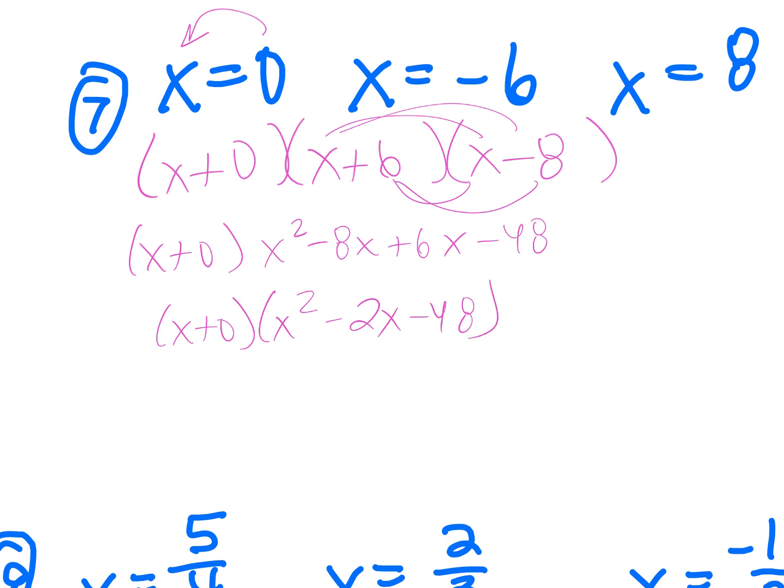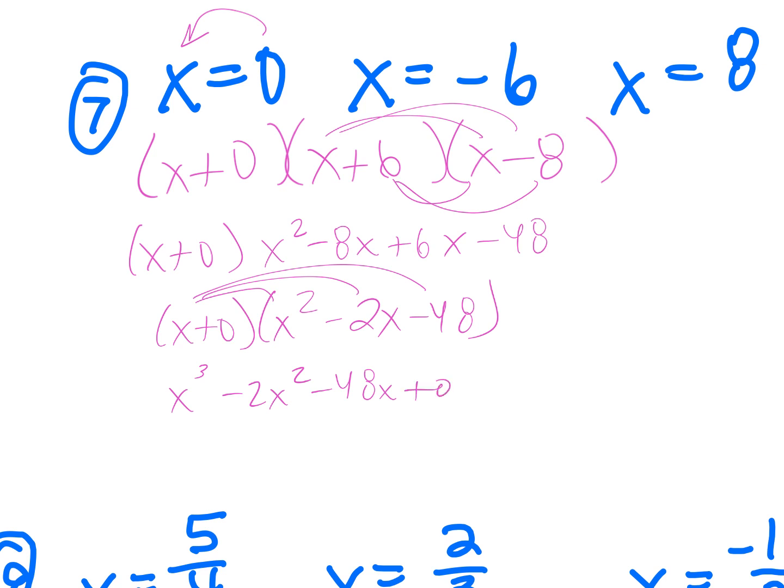Agreed? Can we just distribute the x by itself? Now, if I take this and I distribute the x, this becomes x cubed minus 2x squared minus 48x, right? Guys, what's going to happen when I multiply everything by the 0? What's 0 times x squared?